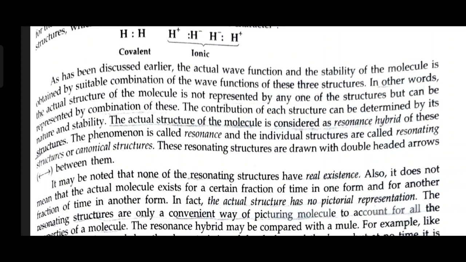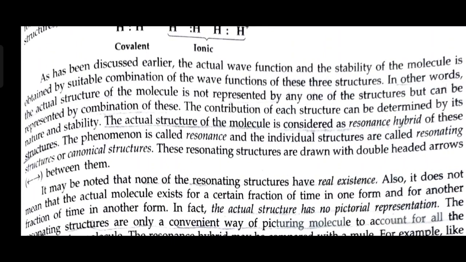As has been discussed earlier, the actual wave function and the stability of the molecule is obtained by a suitable combination of the wave functions of these three structures, but cannot be represented by any one of them.